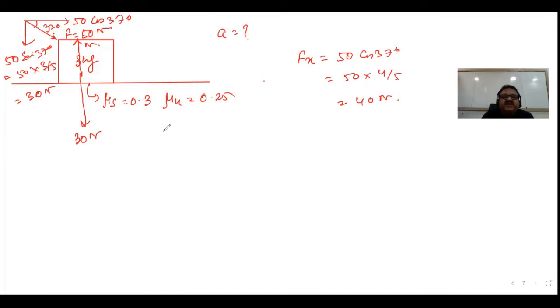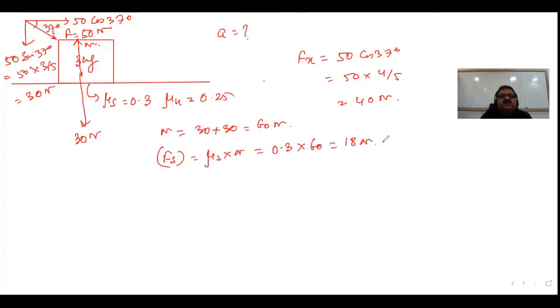N should be equal to 30 plus 30, that is 60 Newton. What will be the value of the limiting friction? Fs equal to mu s into normal reaction, and mu s is 0.3 given. Normal reaction is 60, so that is 18 Newton. Now, what is the value of the force acting in this direction? That is 50 cos 37. That means the x component of force is 40 Newton, which is much greater than the value of the limiting friction. Correct?